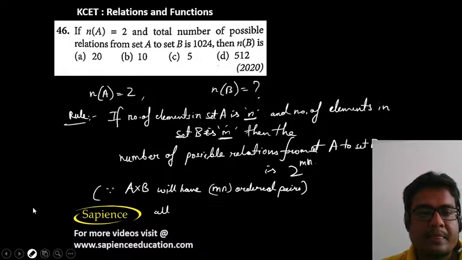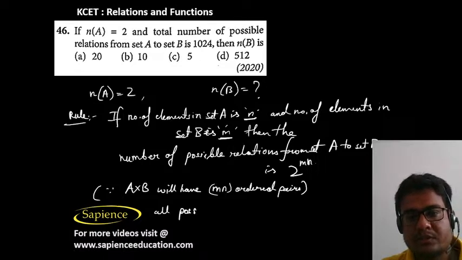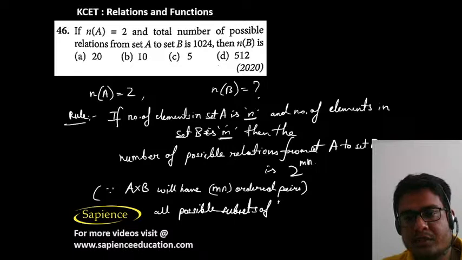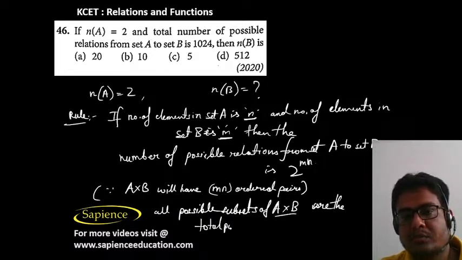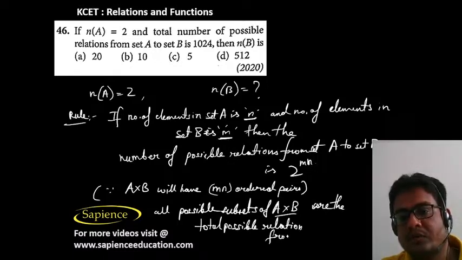The rule is that all possible subsets of A cross B, of the Cartesian product of A and B, are the total number of possible relations from A to B.